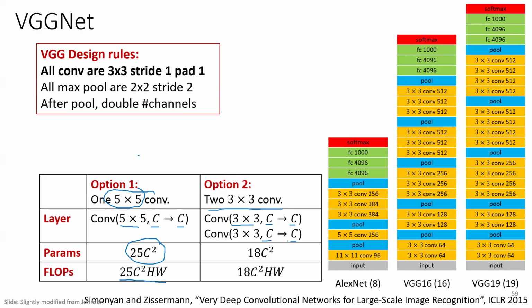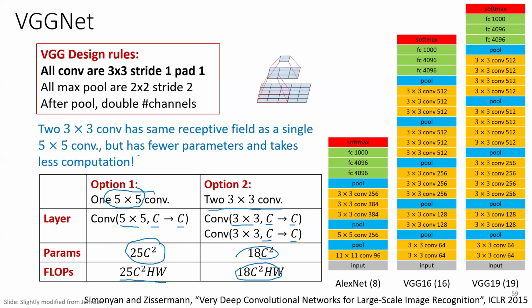If you do that, then the number of parameters will be reduced and the number of floating point operations will be reduced. That's a big advantage, as you can see. Okay. So also these two 3 by 3 convolutions have the same receptive field as a single 5 by 5 convolution. So therefore, the effect that you get is the same with less computation.